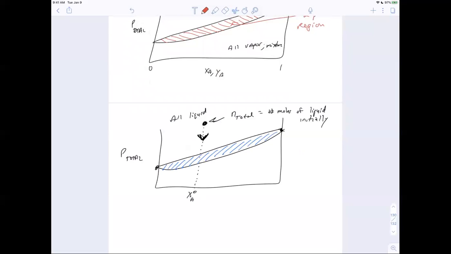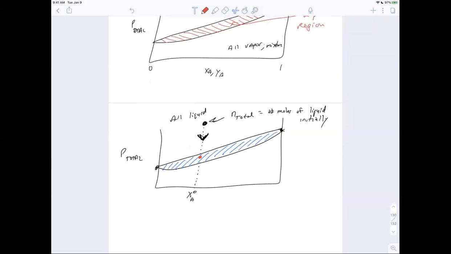We're just going to reduce the pressure. And so we can maybe get to this point right here. So we've reduced the pressure to a value that corresponds to the y-axis of that point, that red point in the two-phase region. So that's our total pressure now.